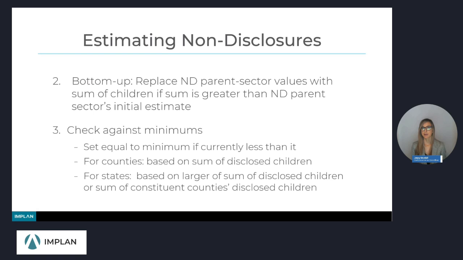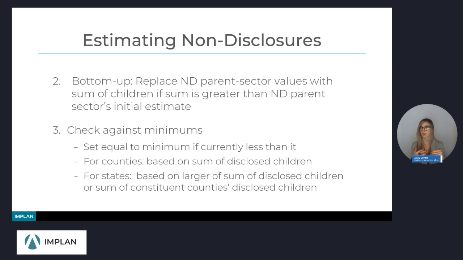Okay, then once we do that, we have to check against minimums. Some estimates, some records, have certain minimums. And so if our estimate at this point is lower than the minimum, then we're going to boost it up so it's equal to its minimum. For counties, minimums are based on the sum of their disclosed children.